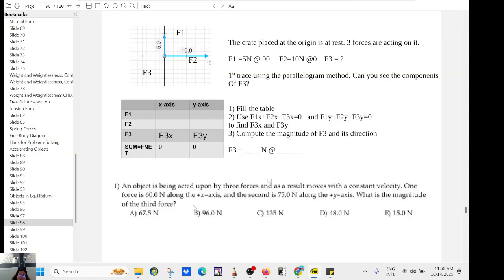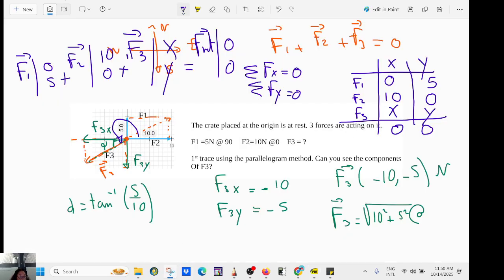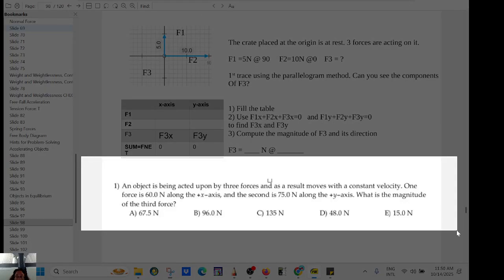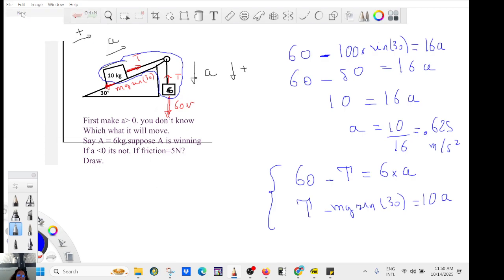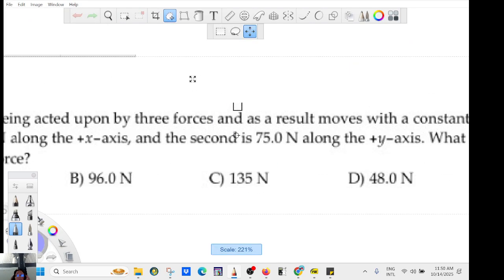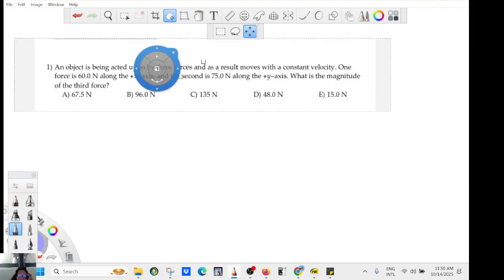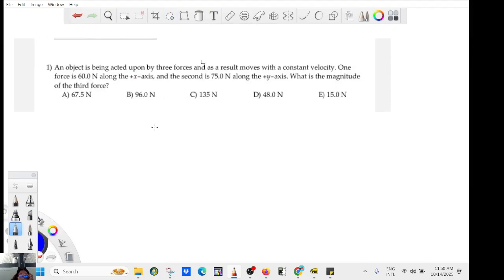Okay, so try to do this one. It comes from the book or the homework. One-fourth is along this, so 60 here.